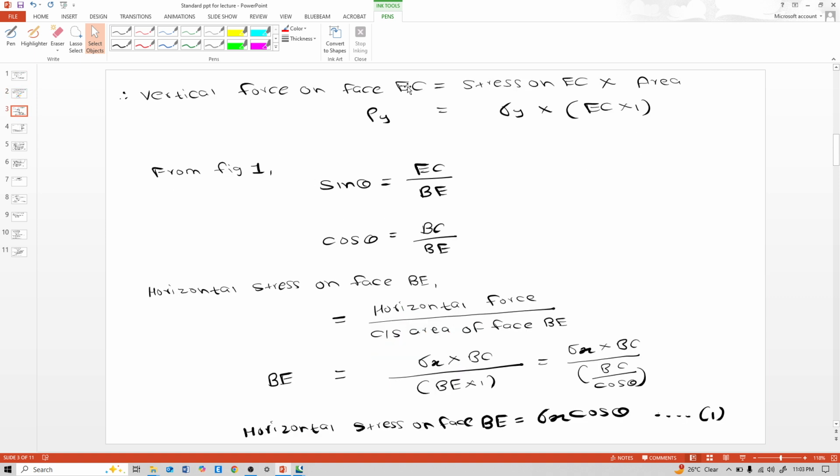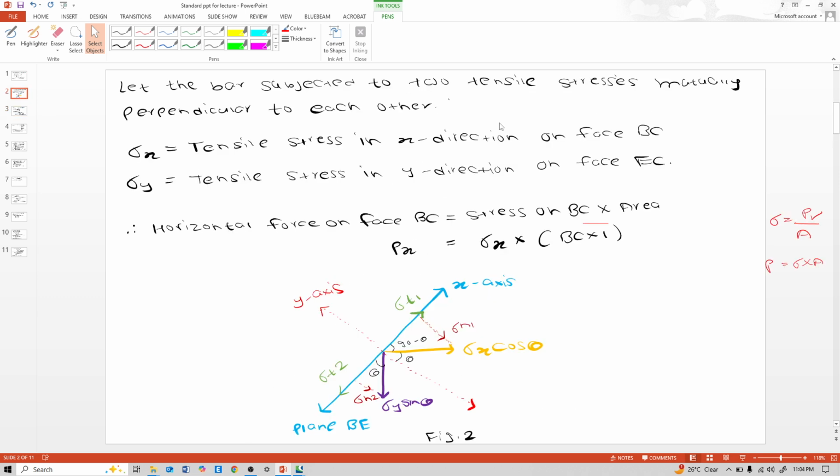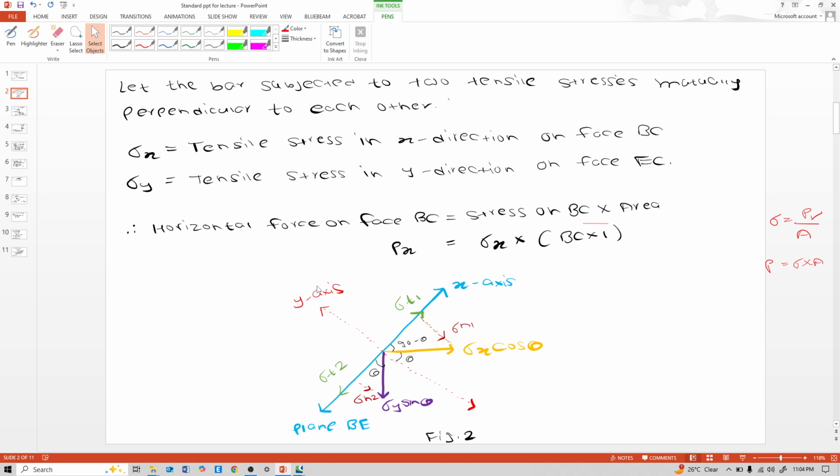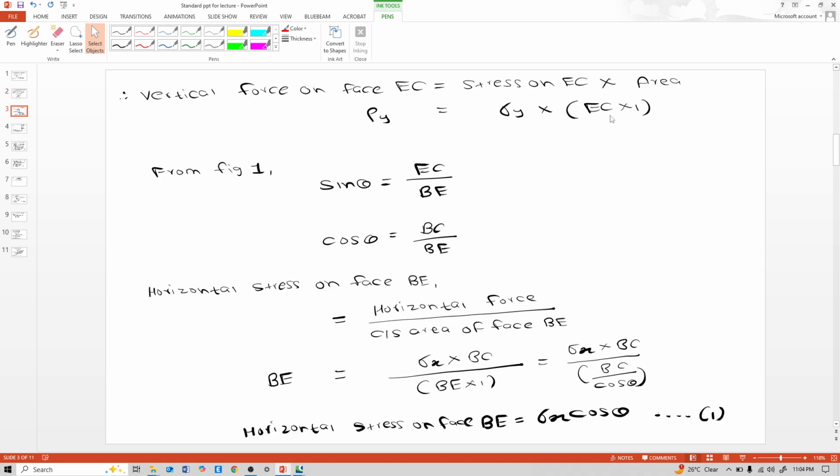Vertical force on face EC is equal to stress on EC into area. Vertical force on EC, denoted as Py, is equal to stress on EC, which is sigma y, into area, which is EC into 1.